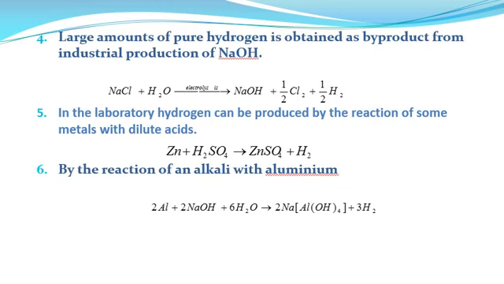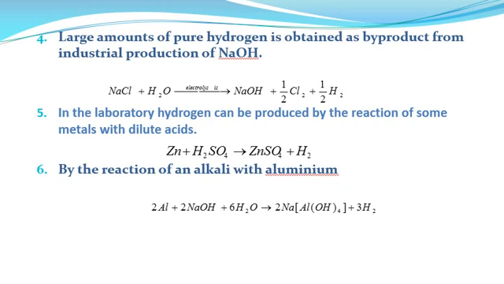The sixth procedure or method is by reacting aluminium with alkaline solutions.